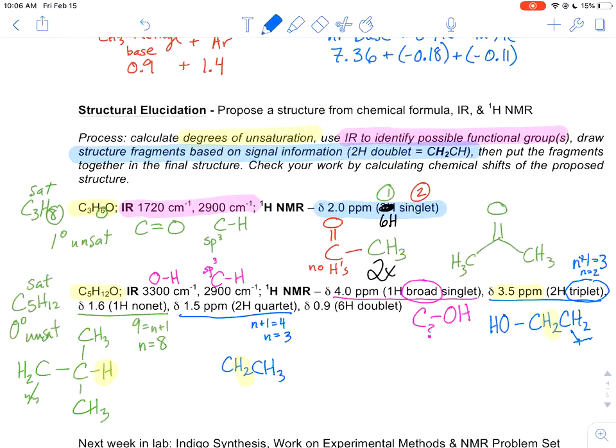Okay, so we have a CH2, CH3 group. Or do we? I want to remind you that this is going to be one possible way of doing it, but it doesn't have to be a CH3 group right next to it. So that could be one fragment.